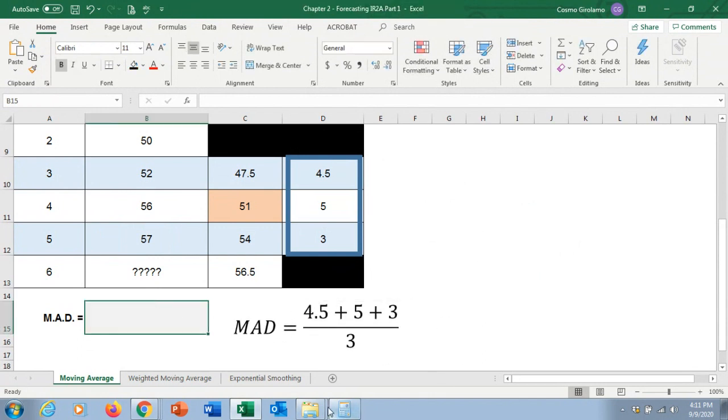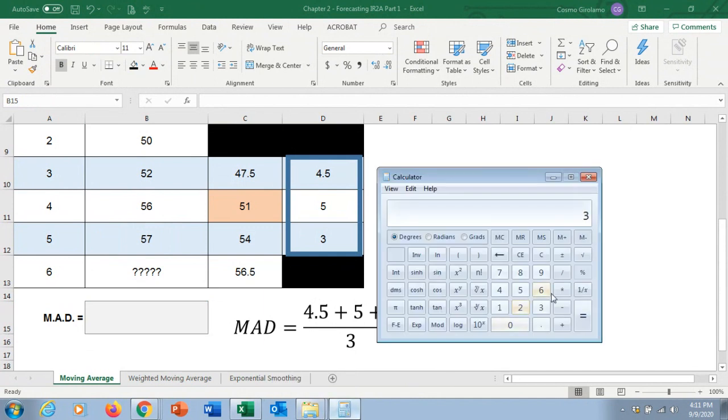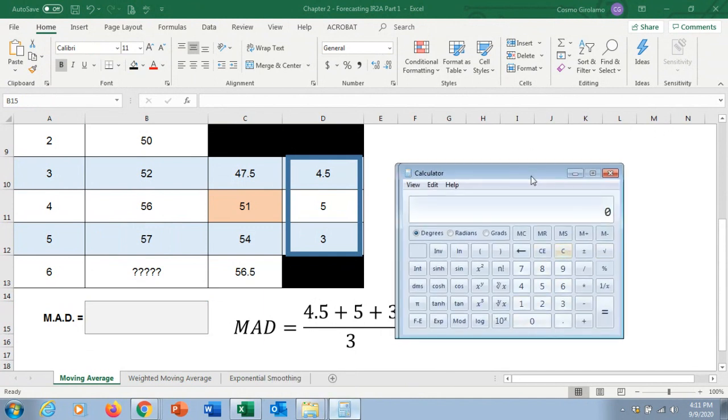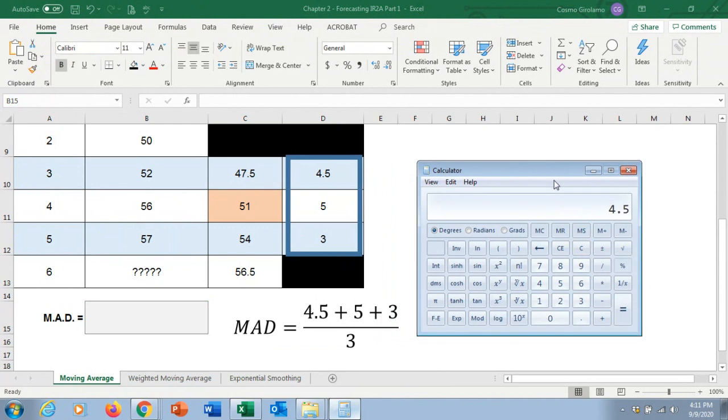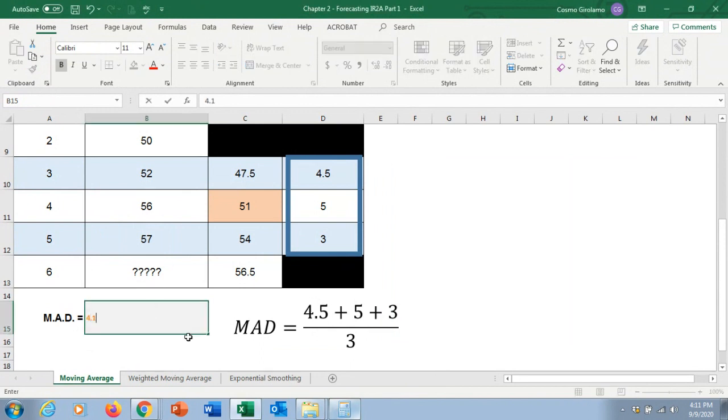Opening up my calculator, 4.5 plus 5 plus 3 is 12.5, divided by 3 is 4.17. I'll make this a little bigger so it's easy for you to see. So my mean absolute deviation is 4.17.